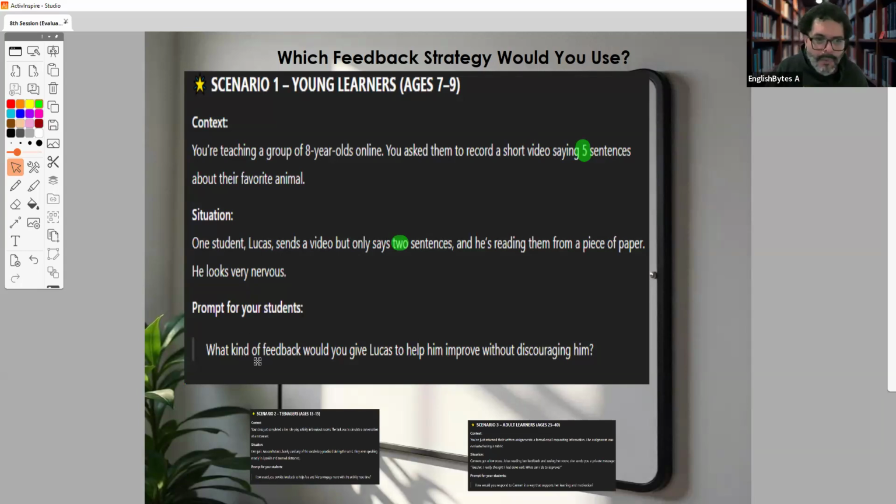Now, what kind of feedback would you give Lucas to help him improve without discouraging him? And remember, 7 to 9 years. Imagine that Lucas is in 3rd or 4th year of primary school. It's a little kid.